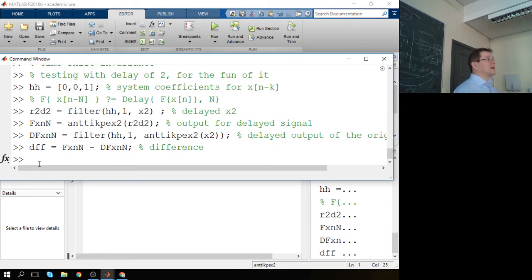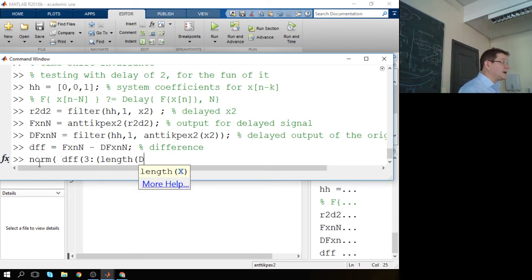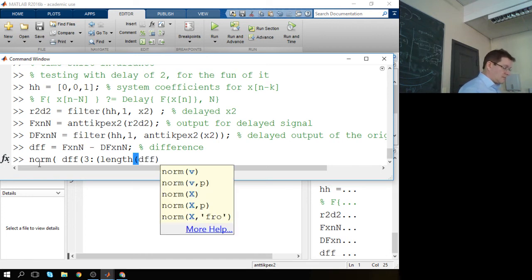And next I will calculate the norm, but I will take some values from the beginning and also at the end. So I will start the dff from point 3 and then continue it until length of dff minus 2.